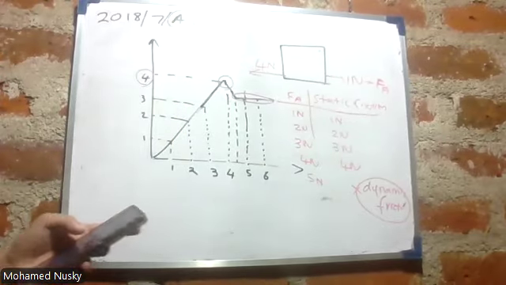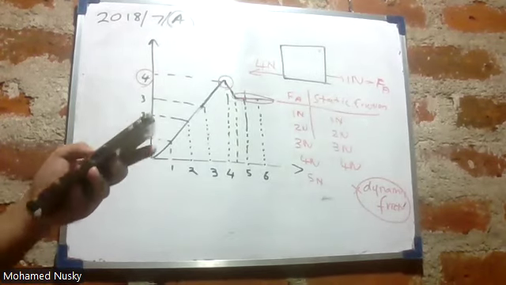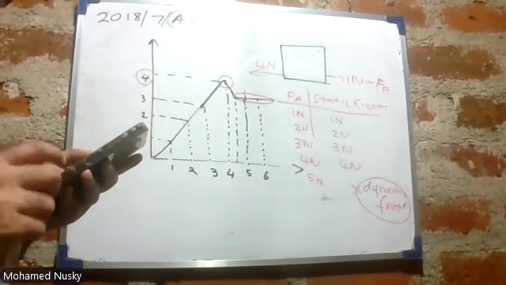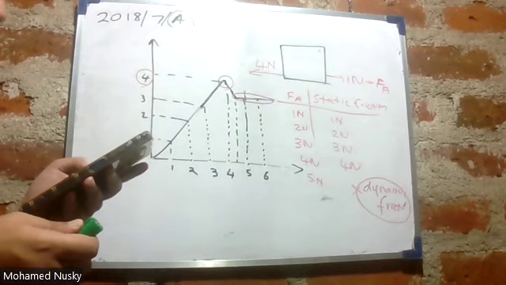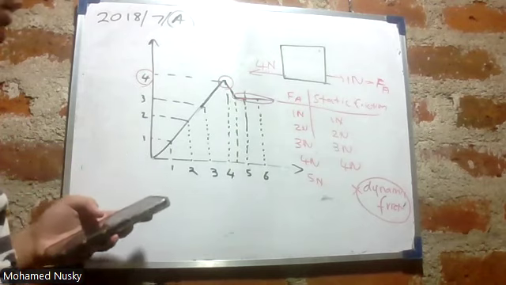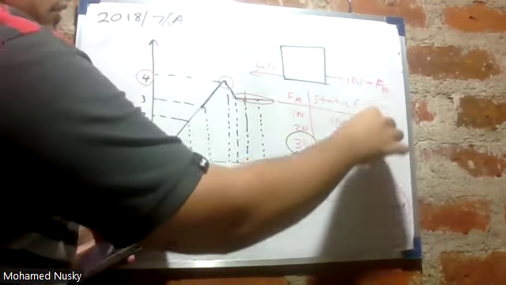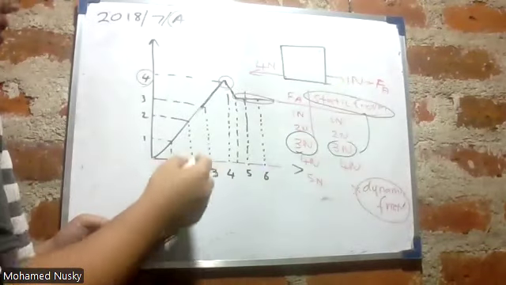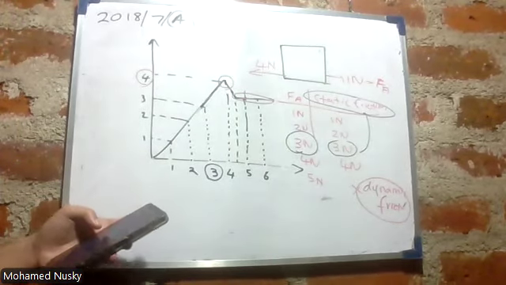Okay, this is what I have explained in the 2022 MCQ also. Check it. By what name is the frictional force exerted on the block of wood known when the force exerted on it is 3 Newton? When the force exerted is 3 Newton, the frictional force is known as static friction. So if 3 Newton force is given, what is the part of the graph?